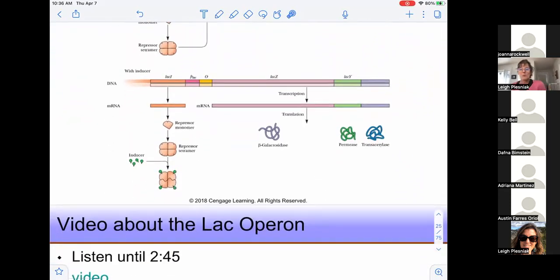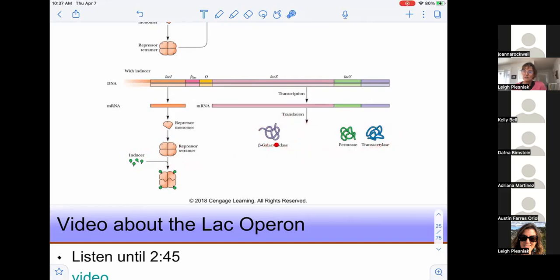But you can have conditions where an inducer turns on transcription of the genes, and it does so by inactivating the repressor. Again, same structural genes, and we have our repressor here, but now there's this inducer molecule. In the cell, it would be allolactose, which is related to lactose. These are the enzymes that break down lactose.